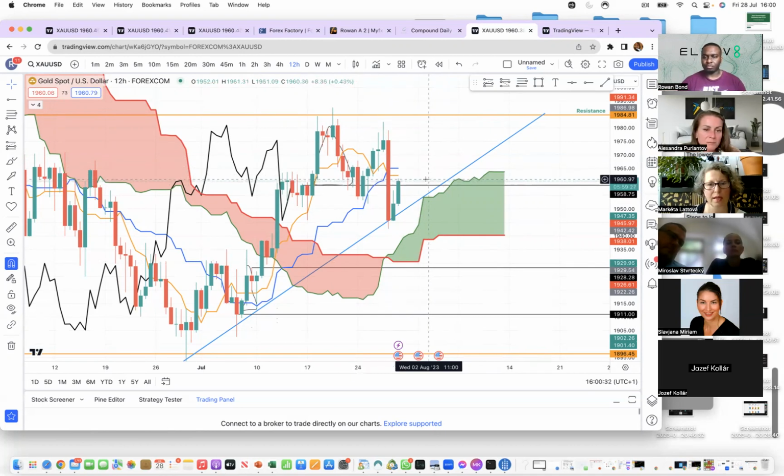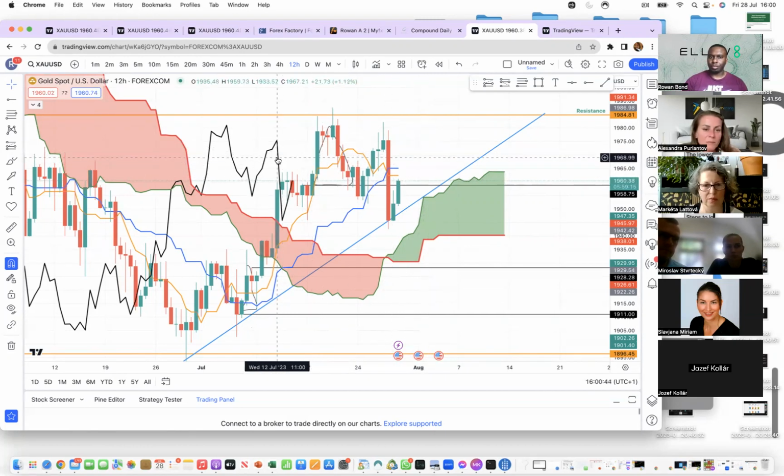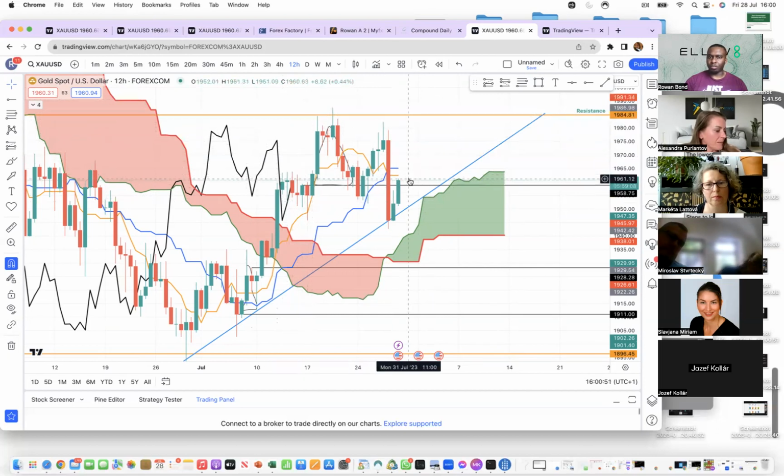And this black line, which we call the lagging line, would need to be away from the price, up here, to give me confirmation that price is going to continue going up.